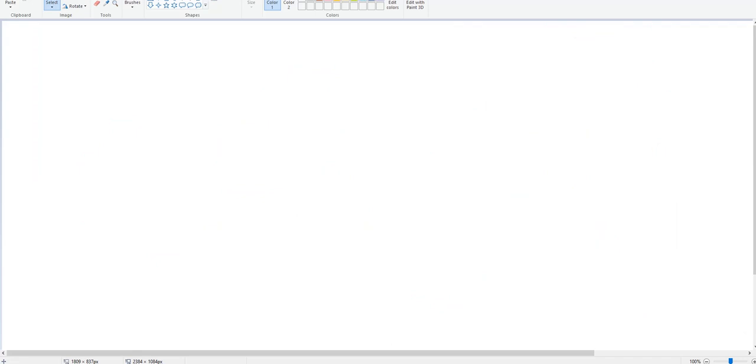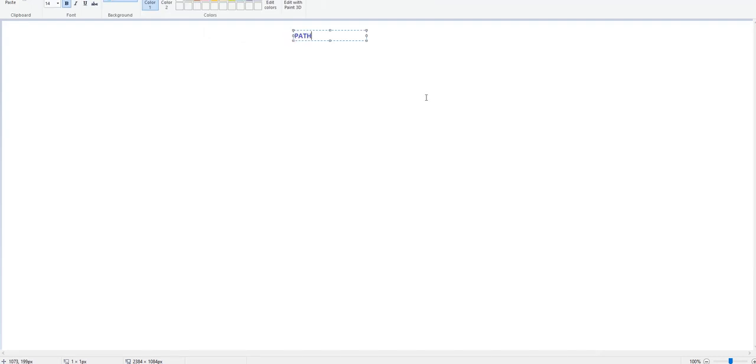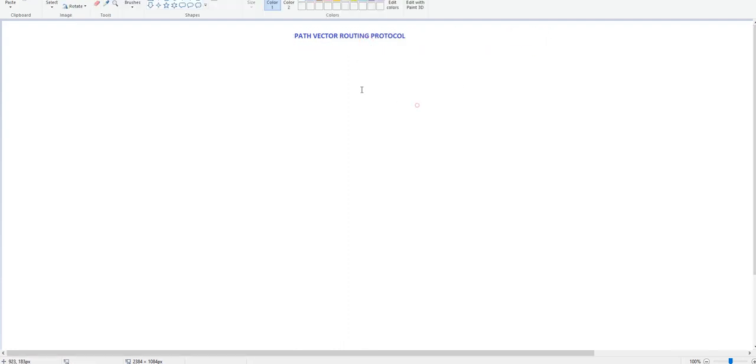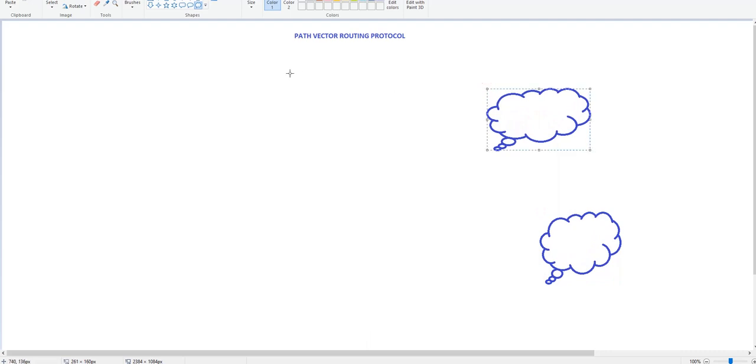Okay, and also we know BGP is a path vector routing protocol. Okay, what does it mean? Path vector means it is direction oriented. Let's say these are not clouds, these are different AS.